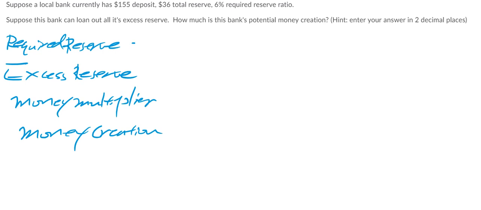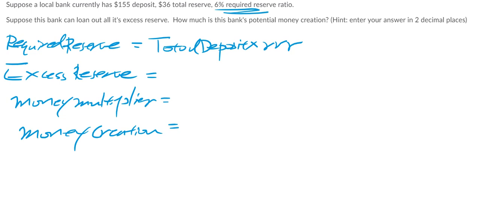So for required reserve, we're going to take our total deposit times our required reserve ratio. So that little 6%, that's where it goes. Total deposit is $155 times 6%.